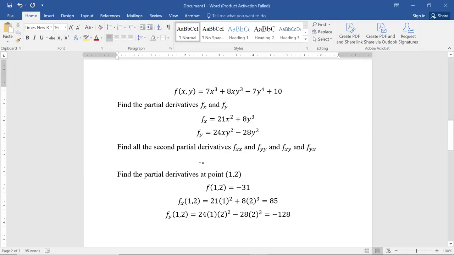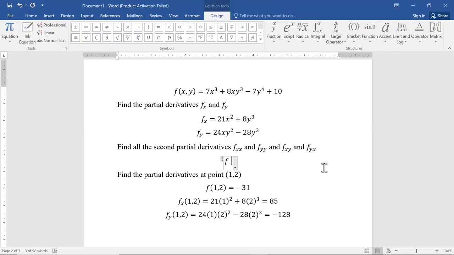All right, so again, we're piggybacking off the work we did earlier. We've done an f sub x and an f sub y from this function we had earlier. If you forget how to do that, just rewind the video and go check that out. So let's do f sub xx, the second partial derivative, both with respect to x. That means I would take this function, 21x squared plus 8y to the third, and take the derivative of that with respect to x.